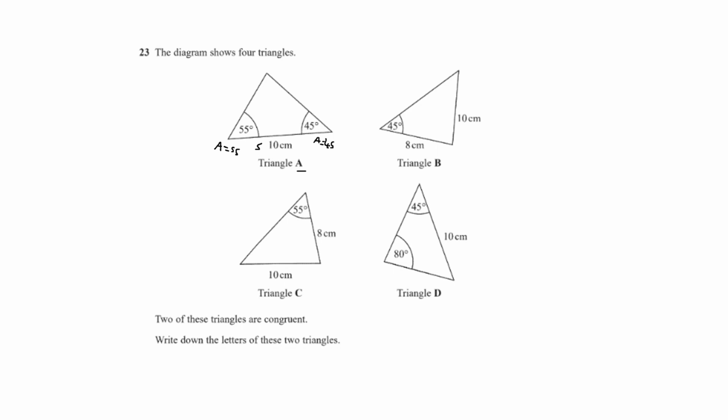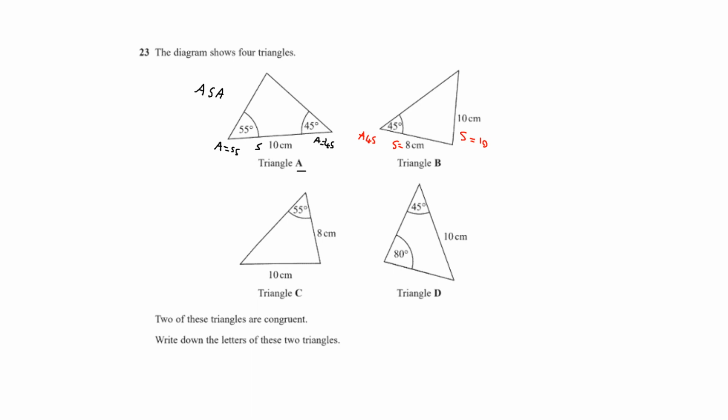So for this one, we have an ASA, angle side angle. Let's take a look at another triangle. So triangle B, we have an angle of 45, a side of 8, and a side of 10. ASS, first time swearing on the maths channel, interesting.